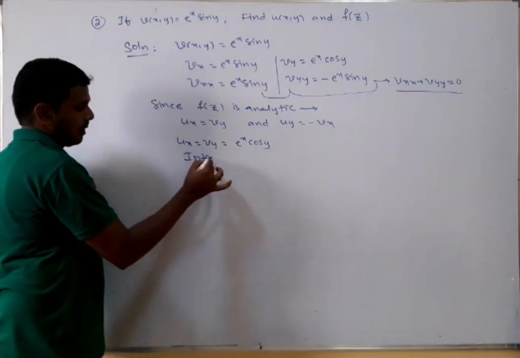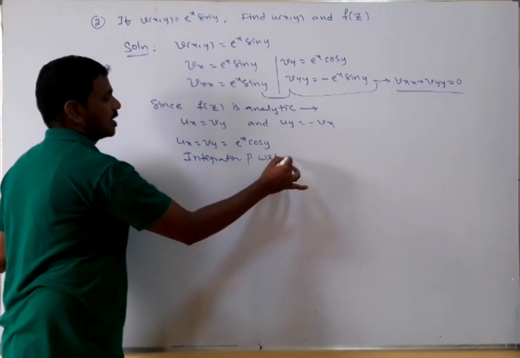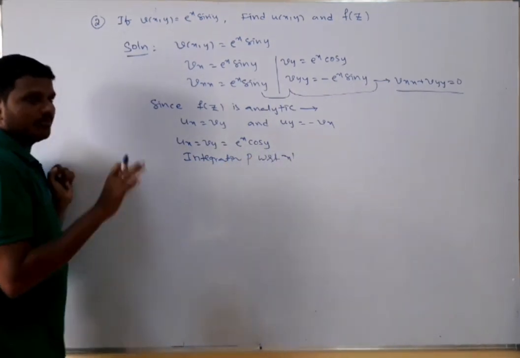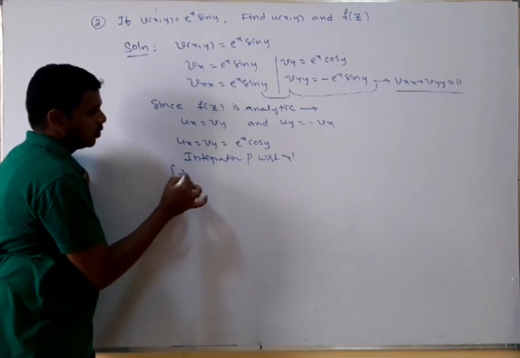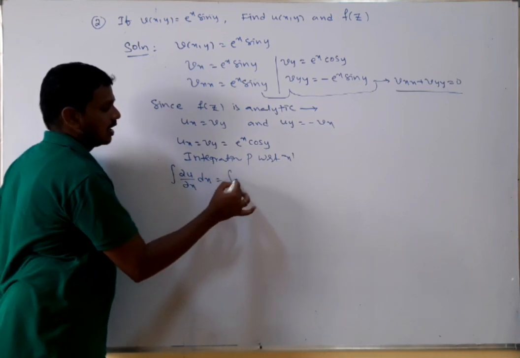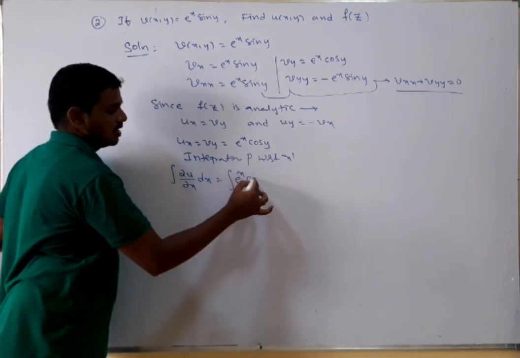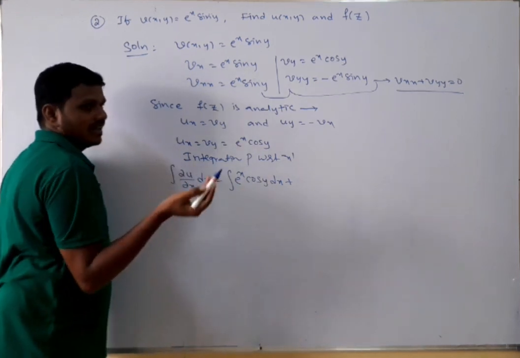Integrating partially with respect to x. Previously it was partially with respect to y, here it is partially with respect to x. Integral of dou u by dou x dx, keeping y as constant, e to the power of x into cos y dx, plus the constant.